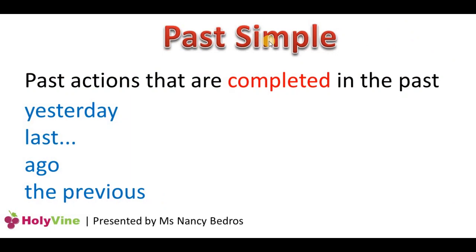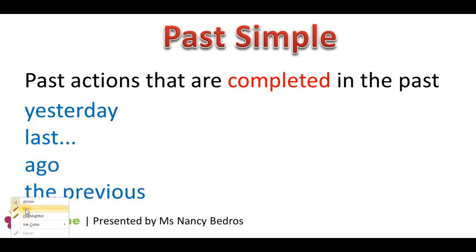Okay, so the past simple, past actions that are completed in the past, means they finished in the past. And those are the words I use to express the past simple. Yesterday, last Tuesday, last Wednesday, last month, last year, ago, and the previous.